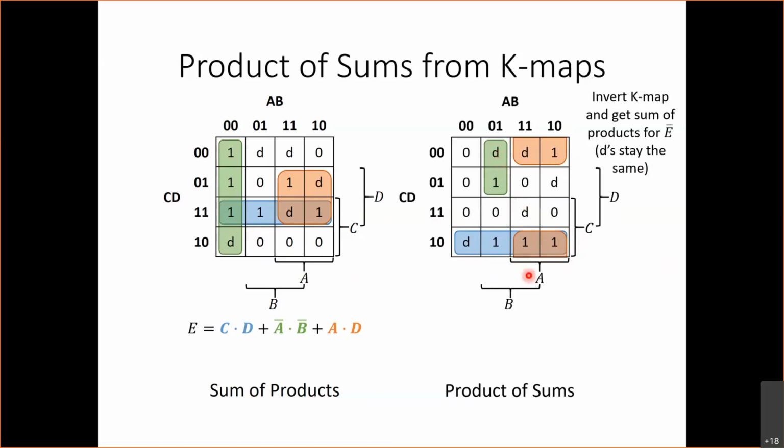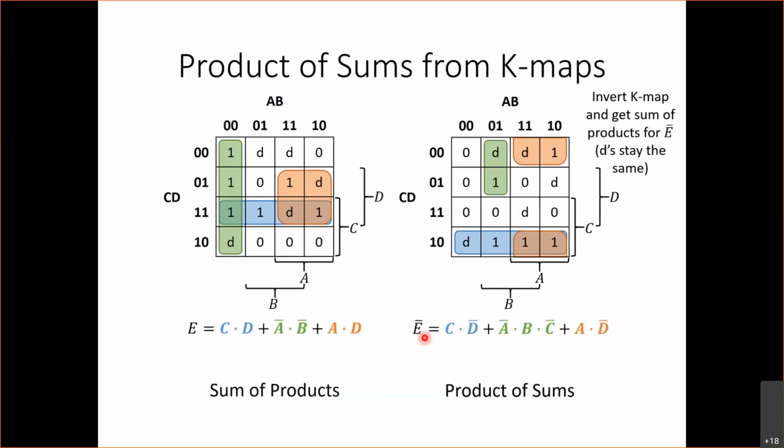The green one is not A, right? And then B, so not A and B gives me this entire column. And then I do not C, which leaves me with these two over here. So we have C and not D, not A, B and not C, and then A and not D.